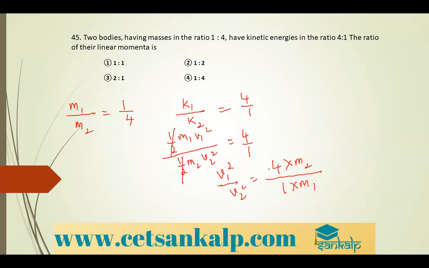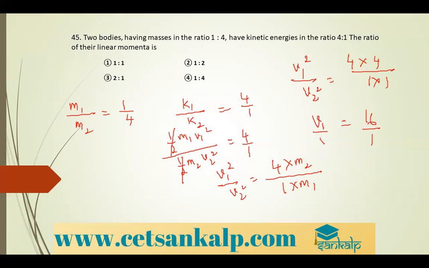Now substitute. So v1 square divided by v2 square is equal to 4 into 4 divided by 1 into 1. So 16/1.